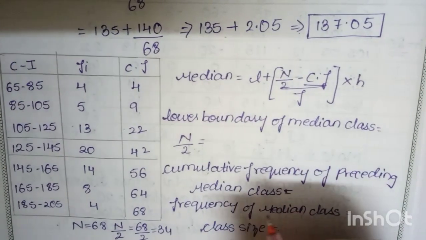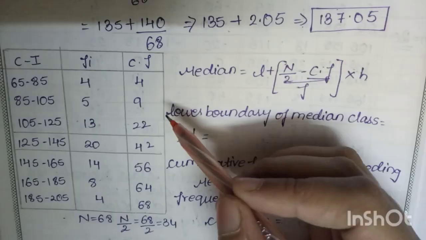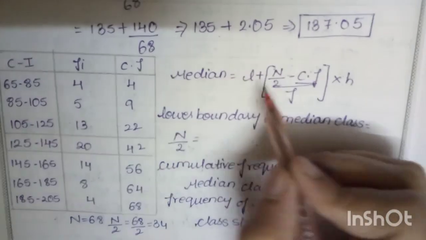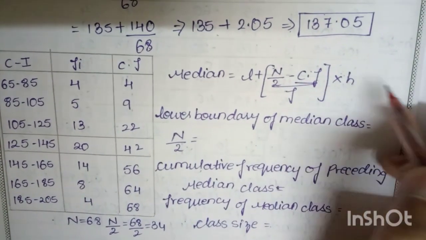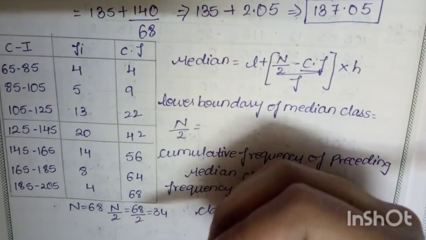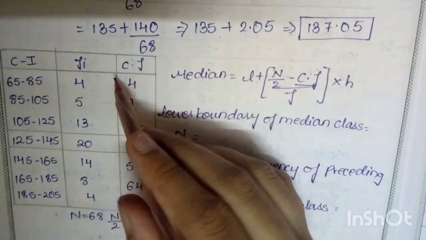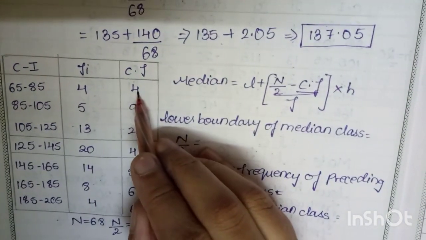So friends, I have copied the same table once again here so that you will not be confused. So the median formula is L plus n by 2 minus Cf by f into h. Okay, we already found the values of n by 2. So let me explain once again for you. Cumulative frequency they have not given. You have to find it. That is 4 will be written same as it is.